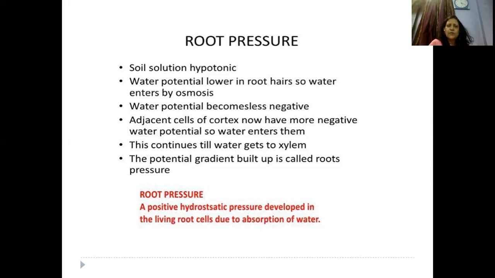The adjacent cells of the cortex, the cells after the root hairs that I showed you, now have more negative water potential, so the water enters into them, and the water just goes on entering and gets into the xylem. So the potential gradient is built up, and that is called the root pressure.